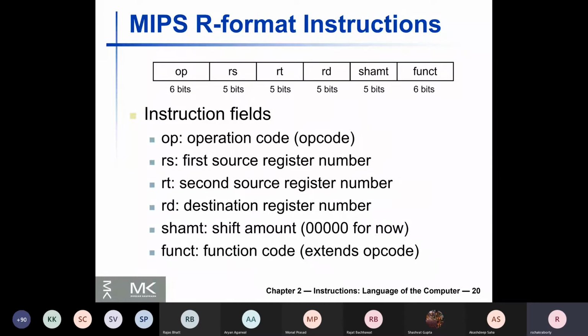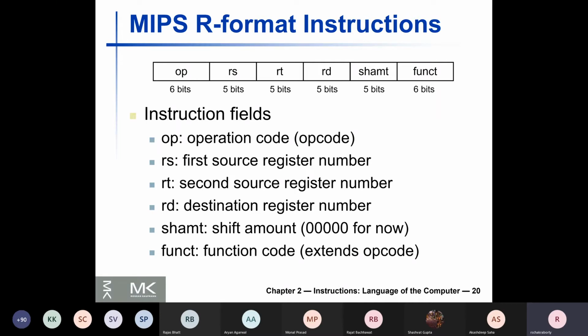For example, the add and sub instructions are very similar. They can be kept with the same opcode on the left, but of course one will perform add and the other will perform sub. So you have to differentiate them in some way. What you do is you change the function code slightly.